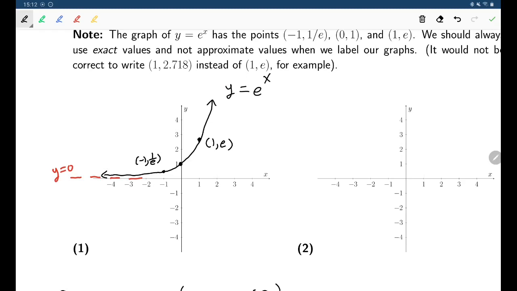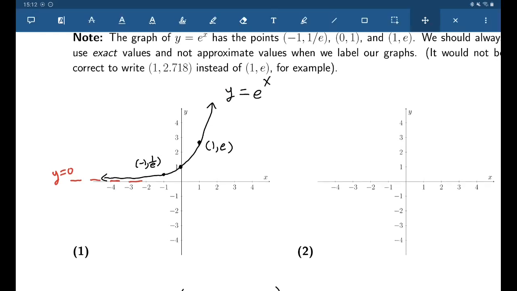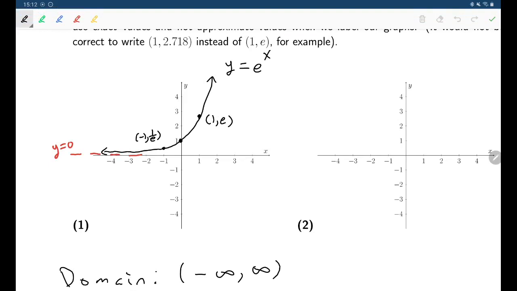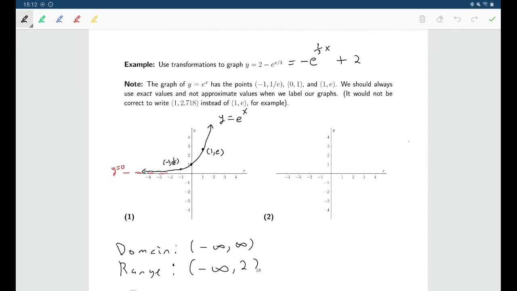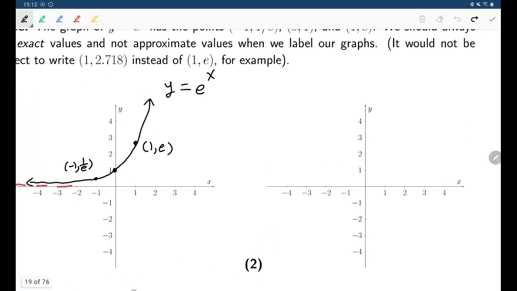All right, so now I'm just labeling my graph as y equals e to the x, and then I'm ready to work on my first transformation. My first transformation would be the horizontal stretch. So again, I'm going to be taking every one of my x coordinates and dividing by 1/3, which is the same thing as taking every x coordinate and multiplying by 3.